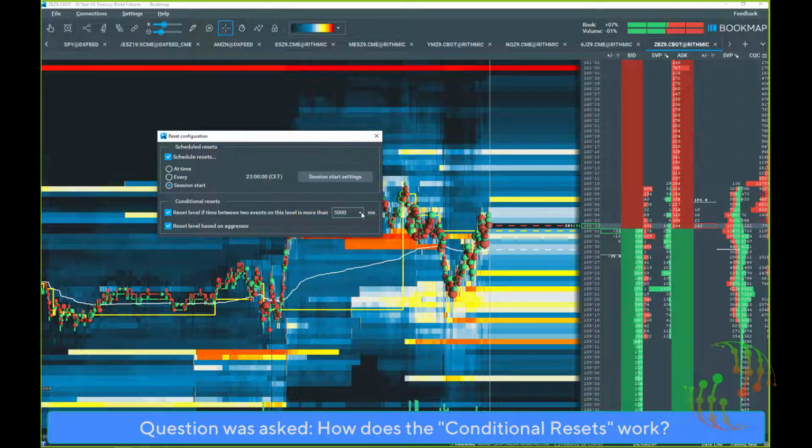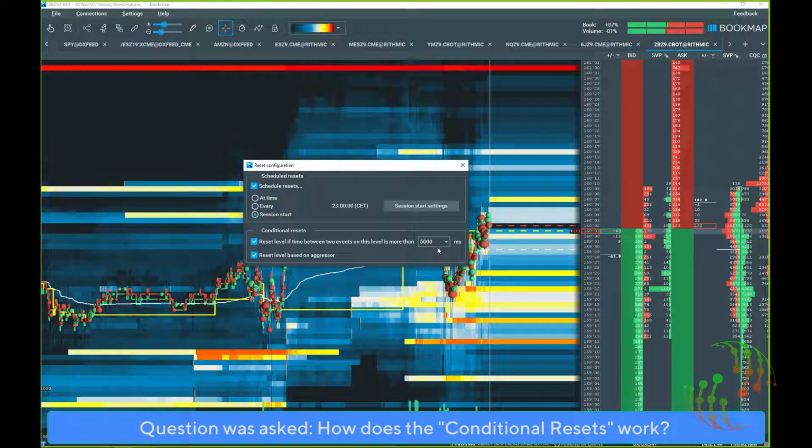Then I think it would make sense to define 5,000 milliseconds. In this case I haven't tested it, I'm not sure, but I think you have more time and a more accurate indication of what is really traded during this time here.